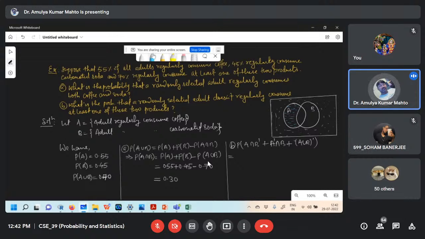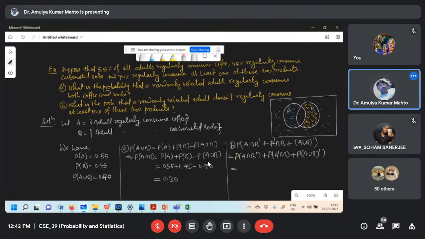Only B, not A, is this region. So this is the region to be covered. You can see this and the outer part are mutually disjoint. So you can get this probability as probability of A intersection B dash plus probability of A dash intersection B plus probability of A union B dash.